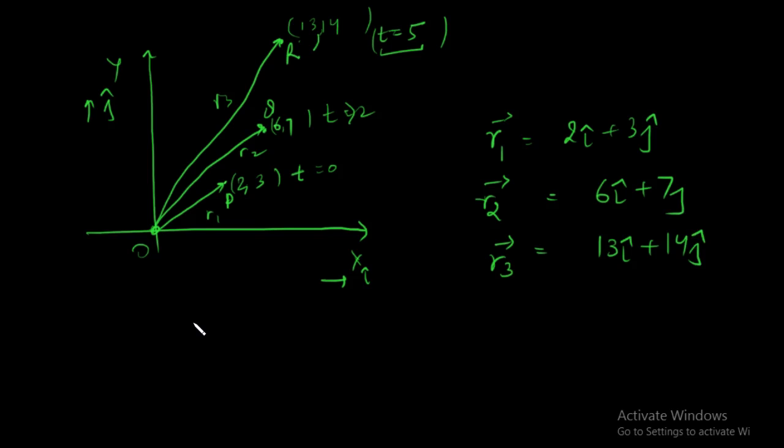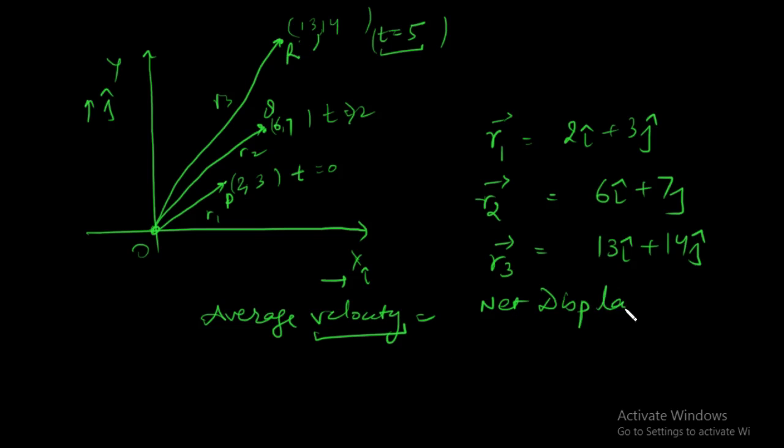So what I had earlier told you about average velocity: it is net displacement divided by the time taken. Velocity is being considered here. Had it been speed, it would have been distance. But here it is velocity, so we will take displacement.